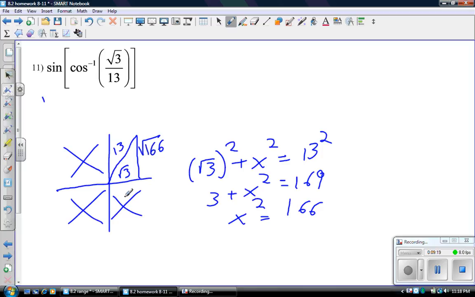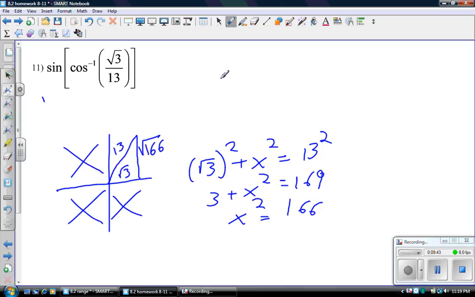So again, let me recap. I was doing an inverse cosine problem, so I immediately cut out the bottom two quadrants. Since it was positive, I also cut out the second quadrant, because this is where cosine will be positive then. I know that the adjacent over hypotenuse had to be root 3 over 13. Well, on this exact same triangle, I wanted to then do the sine. Well, the sine is opposite over hypotenuse.